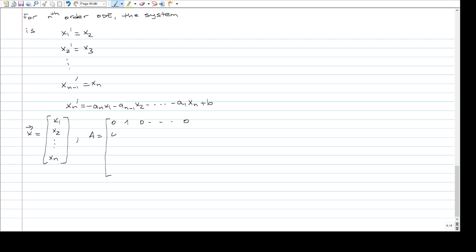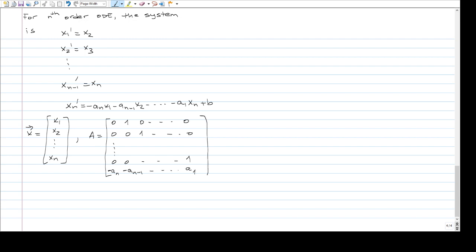In the second row, 0, 0, 1, and then zeros. The one before the last row, 1 at the end. And for the last equation, the coefficients are minus an, minus an minus 1, and the last one is minus a1.